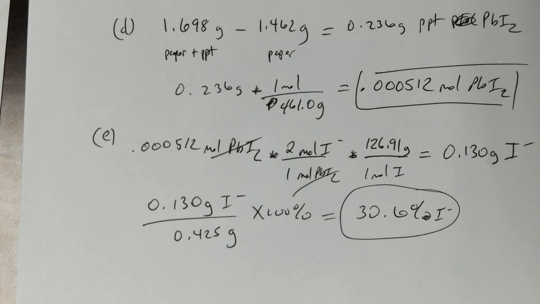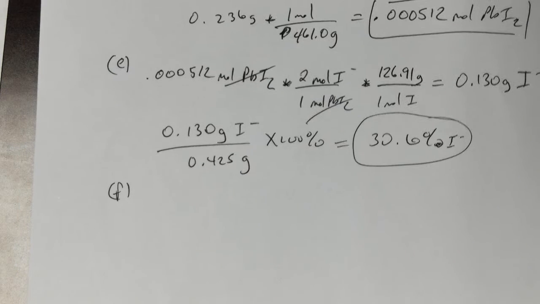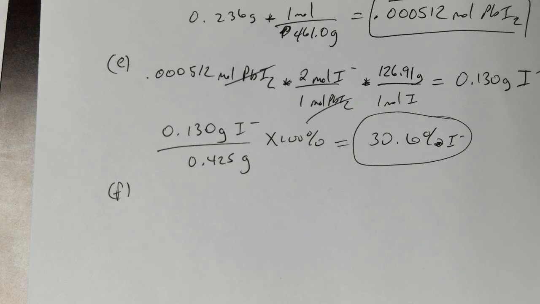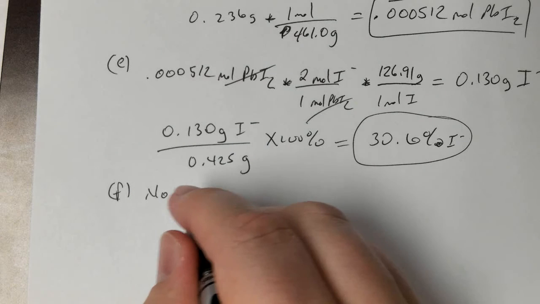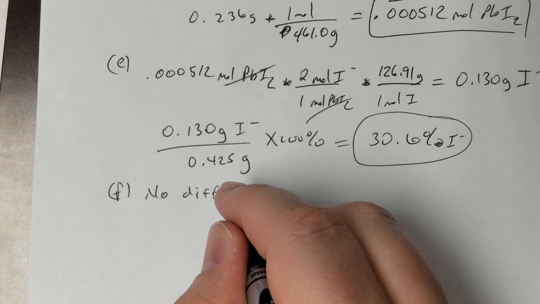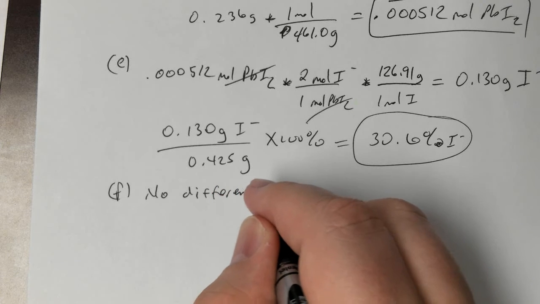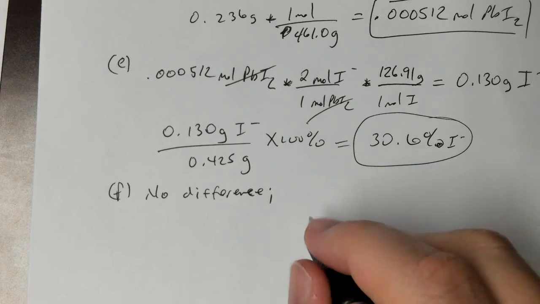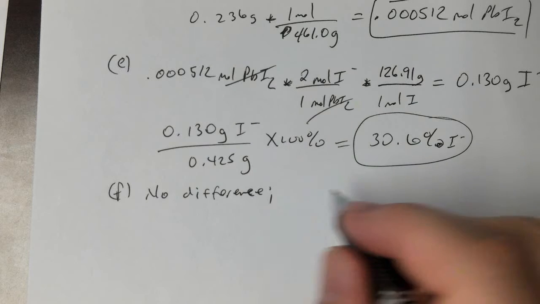And then in part F, in another trial, the student dissolves a tablet in 55 mL of water instead of 50. So that goes back to really early in the problem statement. Basically, what difference does that make? And the answer is no difference. And it asks you to justify it, and you can come up with a lot of things here, but I just keep it real quick.